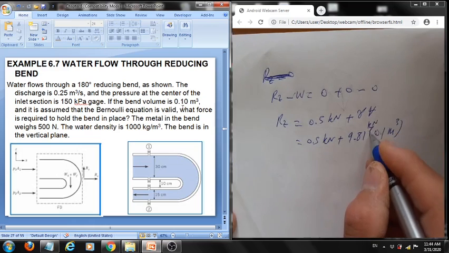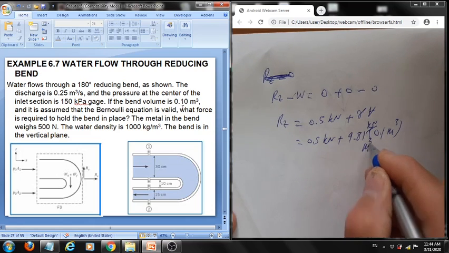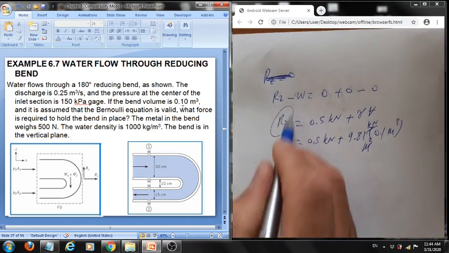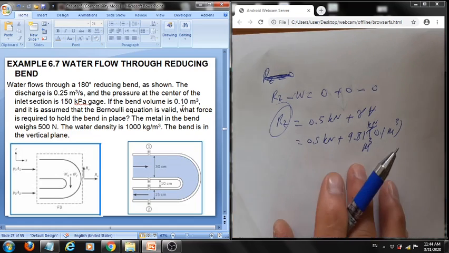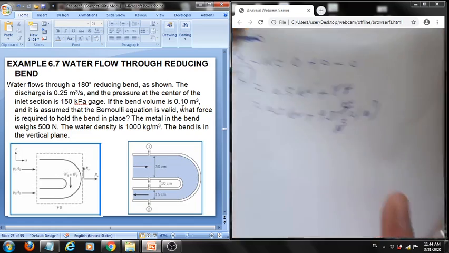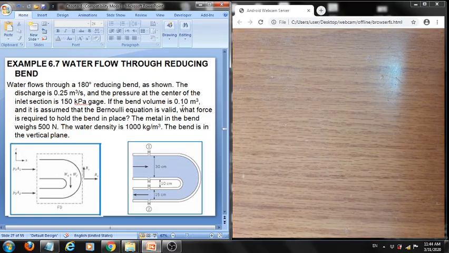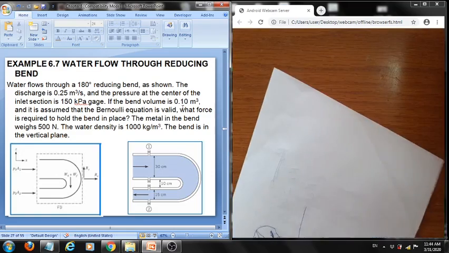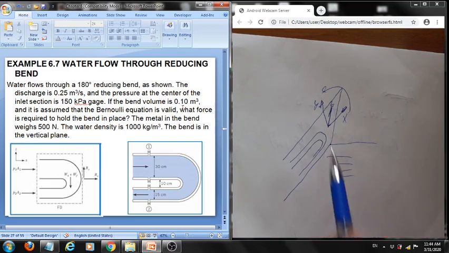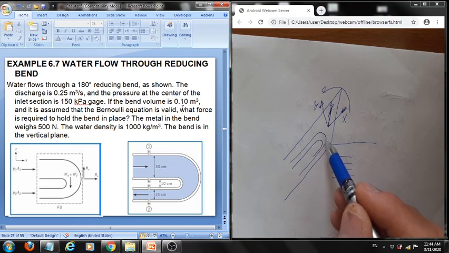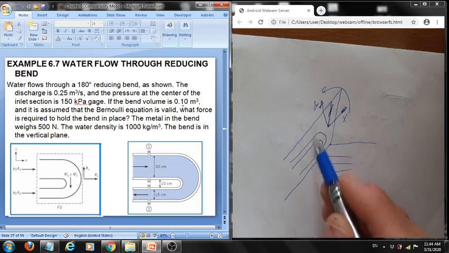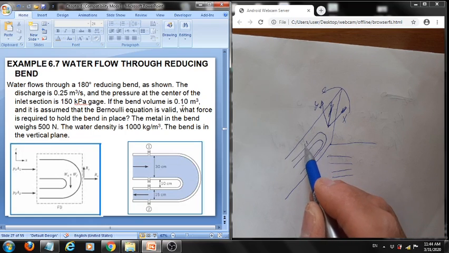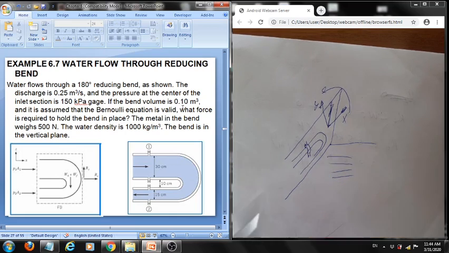Again, recognize the gamma units are in this manner. Okay, and this will be Rz. Again, in the y direction, there is no component because there is no force exerted in this direction, except maybe a clamp to hold it in this manner. Okay.